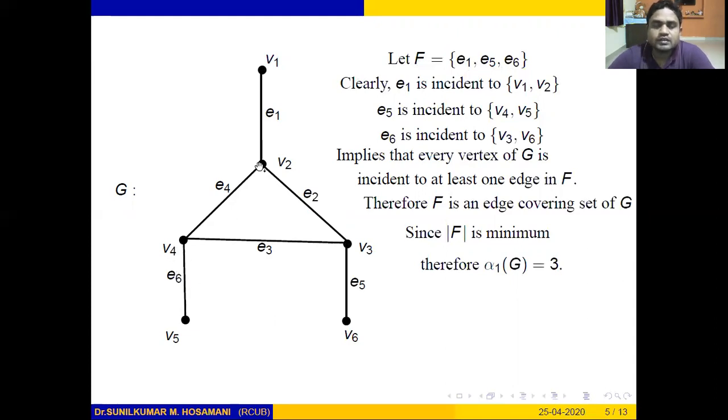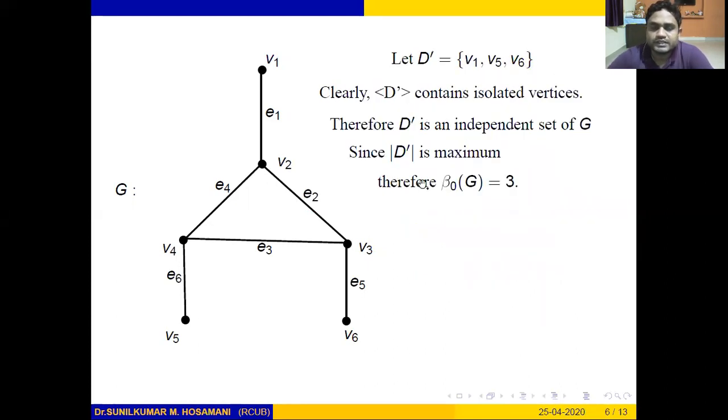So clearly E1, E5 and E6 cover every vertex in this graph. Further, if we take any other edge covering set, its cardinality is greater than or equal to 3 only. You cannot get a subset of the edge set whose cardinality is less than 3. Therefore, F is an edge covering set, and alpha 1 of this graph is 3.